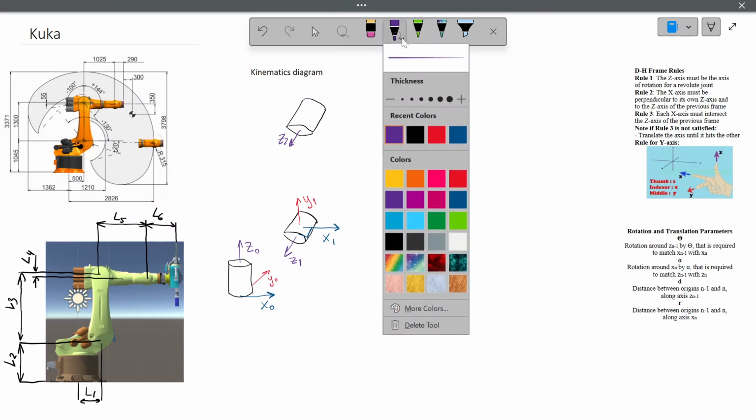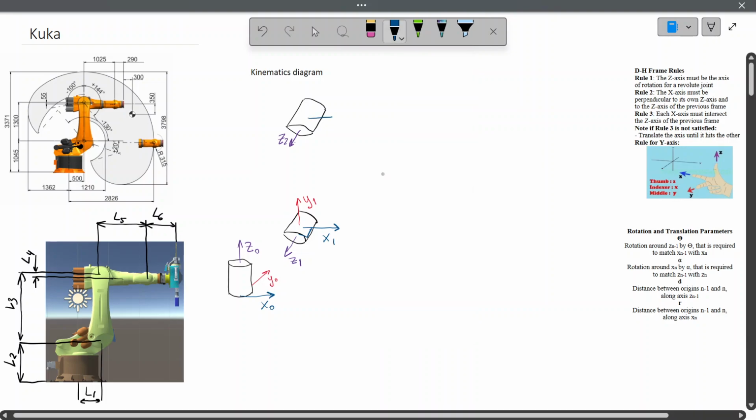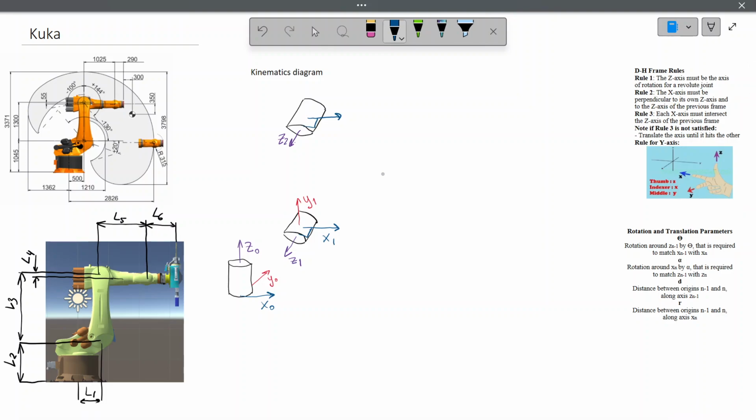Next, we draw the x-axis. X should be perpendicular to this one and to the previous one. For example, if we draw it to the right side, it will be perpendicular to this, but it will not intersect the previous one. If we continue this, they will not intersect. This one looks this way and that one looks toward us, so they do not intersect in 3D.